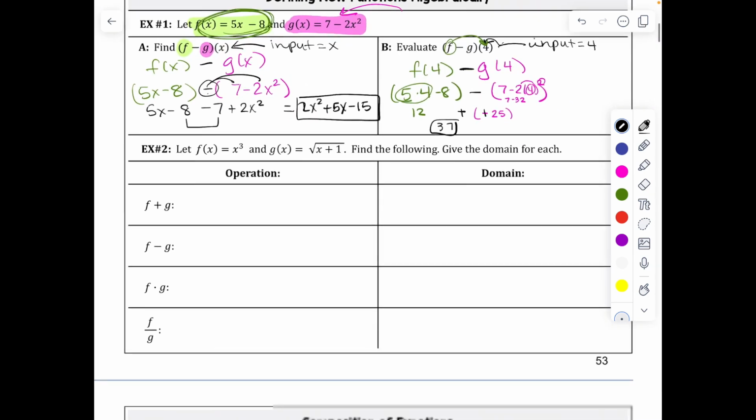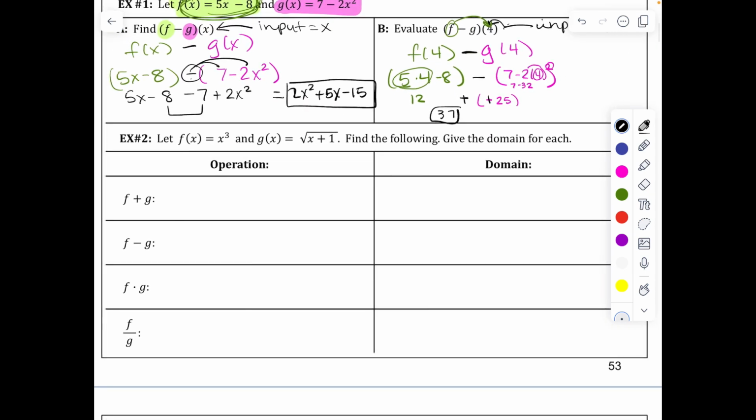Okay, so this next one, if f of x is x cubed and g of x is root of x plus 1, find the following. So f plus g would look like x cubed plus g of x, which is root of x plus 1.